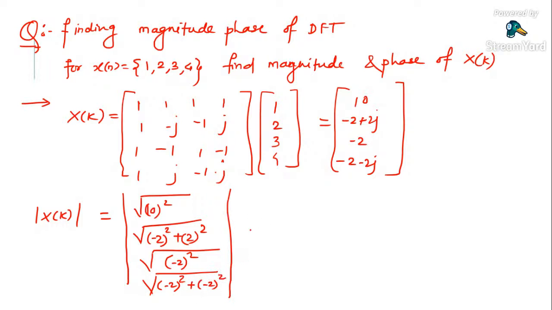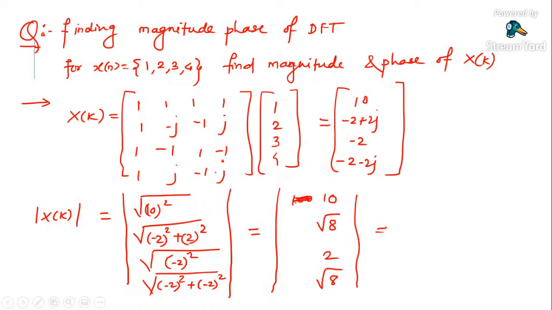So the answer is 10, then square root of 8, then 2, and square root of 8. So this is called the magnitude.